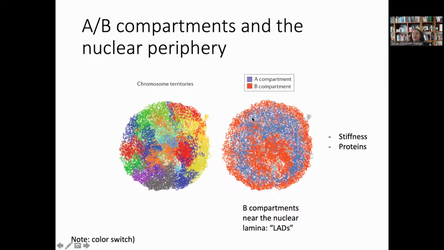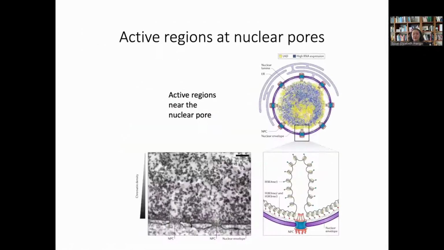On the other hand, the A compartments tend to be more central. And as genes activate, if they were near the lamina, they will often move away from the lamina and become more internal. But it's not quite that simple. If we look up close, you remember there are nuclear pores sitting here in the nuclear membrane, and those are important for lots of things to shuttle in and out of nuclei. And these regions are associated with active DNA.